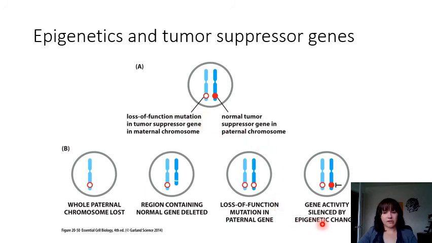So if you have an epigenetic modification in which that gene gets tightly packaged and is not accessible for expression, it's not available for transcription, it's the same in effect as acquiring a mutation in that gene where it can't function, right? So in addition to mutations, you can also have epigenetic changes that can cause cancer. So pretty complicated.